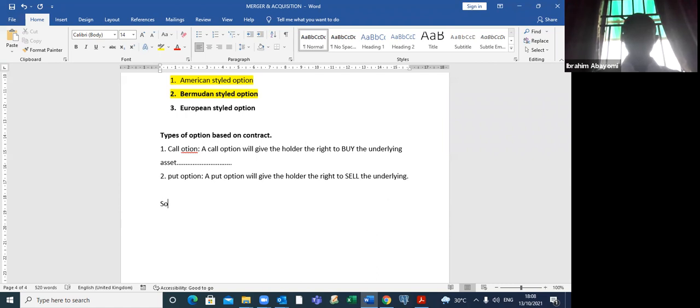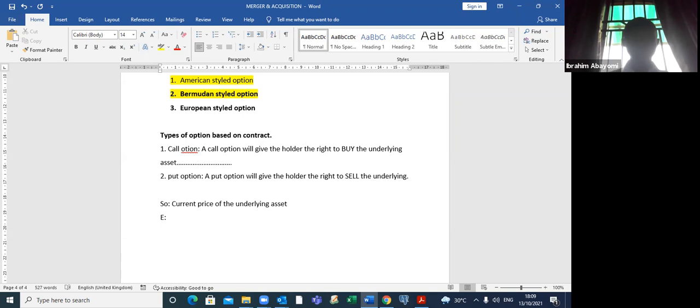S0 and E. These are very key. What is S0? What is E? S0 represents the current price of the underlying assets.